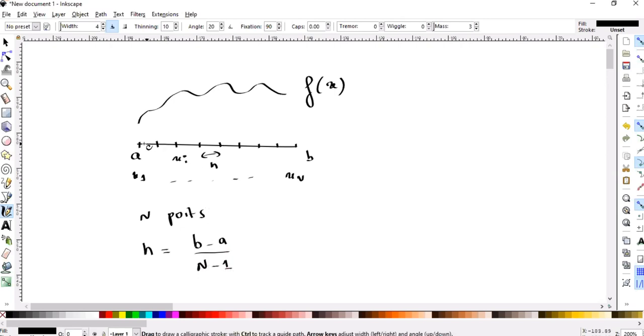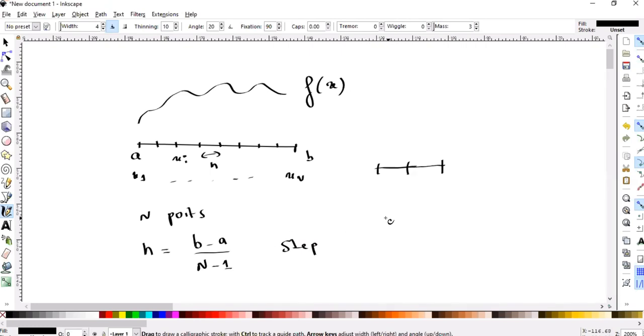Why? Because if we have n points, we have n minus 1 intervals. If I have 3 points here, I have 2 intervals. So the step h is b minus a, the length of the interval ab, divided by the number of points n minus 1. This is called the step.